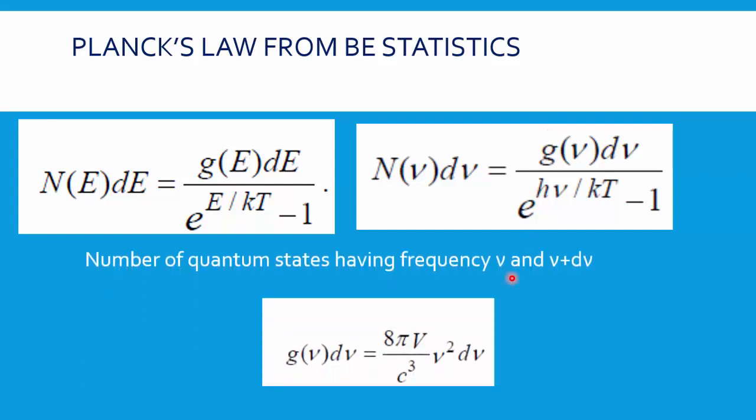Now we also know from the phase space lecture that the number of quantum states in the frequency range nu to nu plus d nu, that is g, is equal to 8 pi V by c cubed, nu squared d nu. This expression has been derived and shown in the previous lecture on phase space. So I am going to substitute this value of the number of quantum states in this equation.